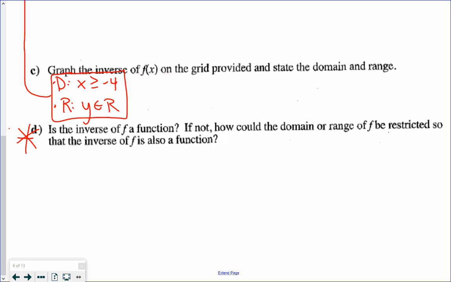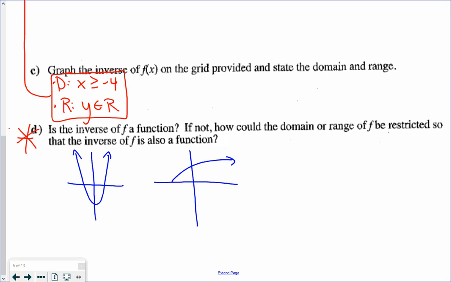It's essentially saying, here's my original graph, and when I inverse it, I get out this. This one is a function. This one is not. So what could I do to this graph to make it into that graph?